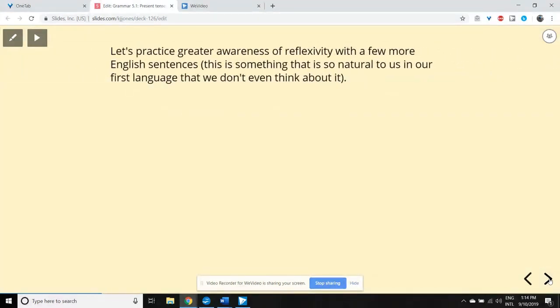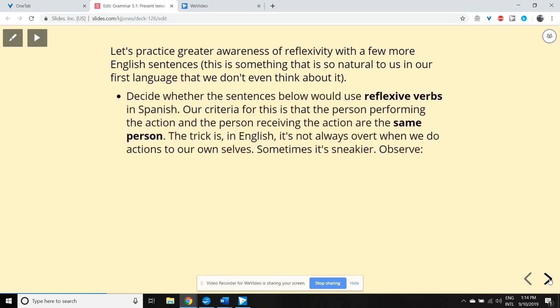So let's practice some greater awareness of reflexivity with a few more English sentences, because this is something that is so natural to us in our first language that we don't even think about it, okay? What I want you to do is decide whether the sentences below would use reflexive verbs in Spanish.